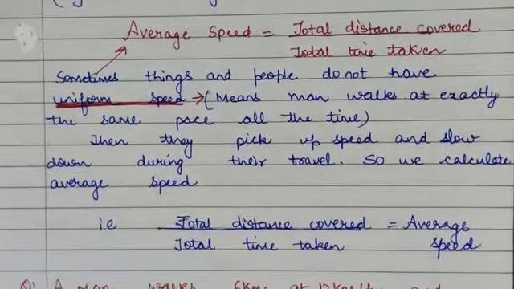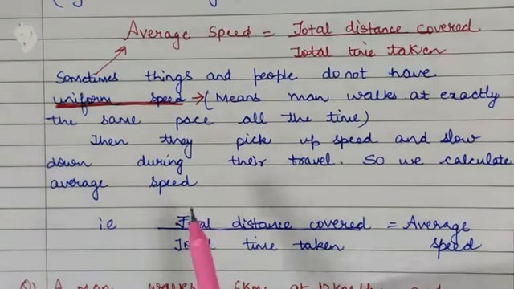Now let us start the next topic, average speed. Sometimes things and people do not have uniform speed, meaning a man does not walk at exactly the same pace all the time. That is uniform speed, but sometimes it does not happen.